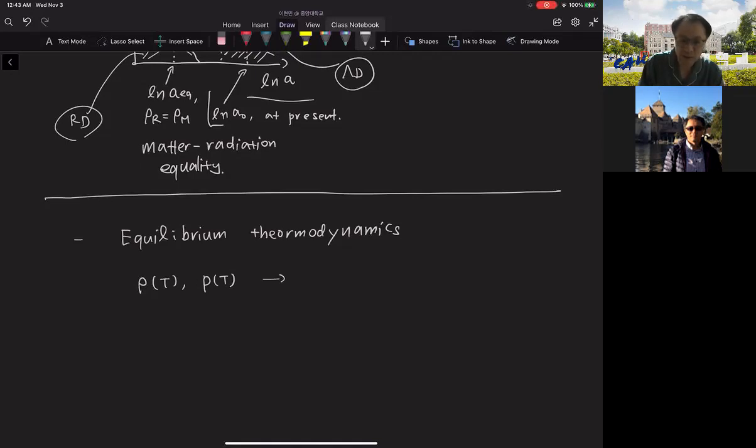Using the Friedmann equation, we can relate temperature to the cosmic time. This t is the cosmic time, and this capital T is the temperature of the system in thermal equilibrium.